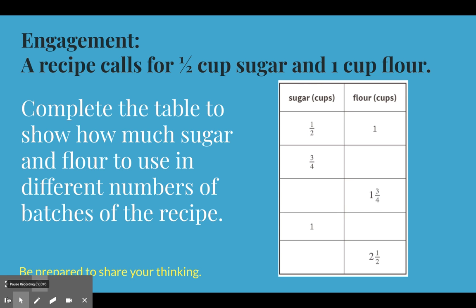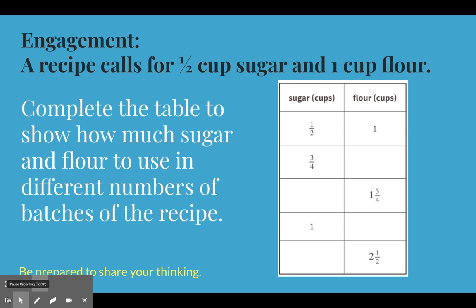So of course, our starting row, we had 1/2 cups of sugar for 1 cup of flour. Then we have 3/4 cups of sugar is going to use 1.5 or 1 5/10 cups of flour. So for 3/4, we're going to have 1.5.